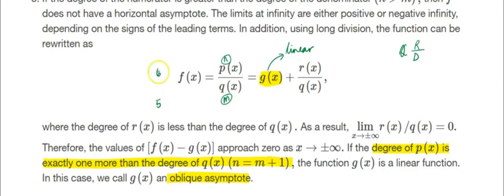So when the degree of the numerator is one more than the degree of the denominator, the quotient will have degree one, producing a linear function. These are all oblique, as in slanted. Horizontal is of course horizontal. So when there is no horizontal asymptote, there could be a slanted or oblique asymptote, provided the degree was behaving in that manner, exactly one more.